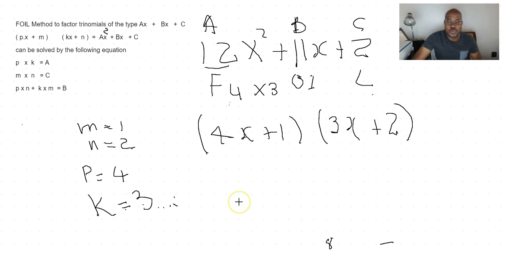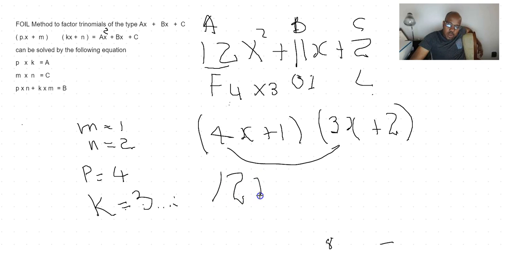If I have to make a reduction, I should have this. Let's try it. If I'm right, 4 times this one gives me 12x squared. I want to see if I'm right. 4 times this one gives me 8x.